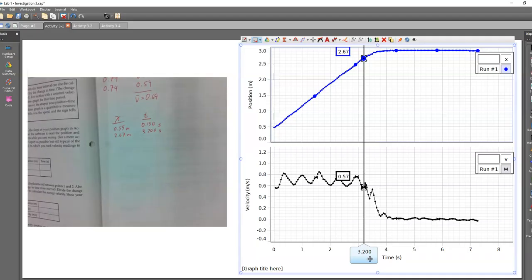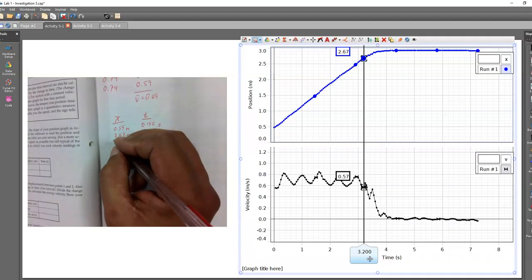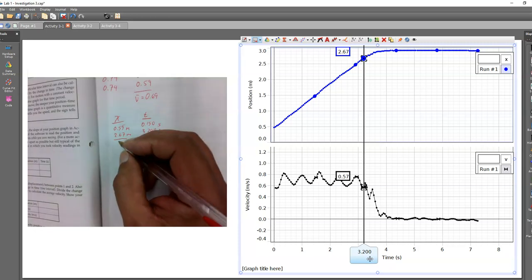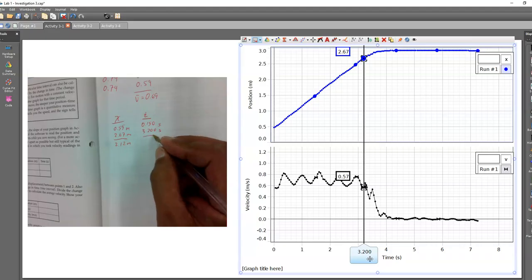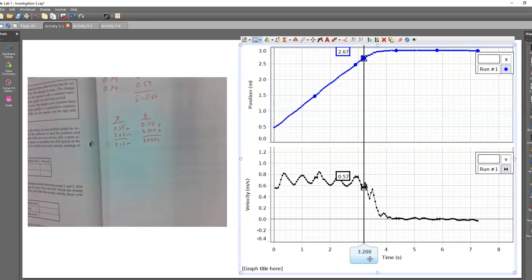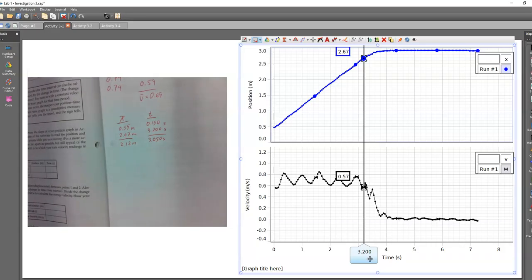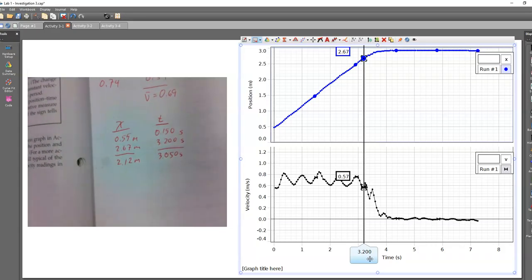All right, now we need to find the change in position. The change in position turns out to be 2.12 meters, and the change in time turns out to be 3.050 seconds. So this is the change, what I refer to as the delta, okay?